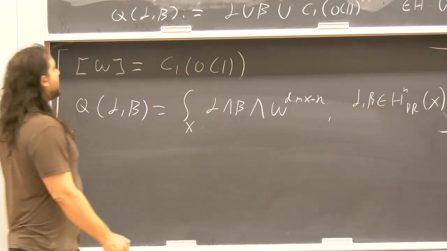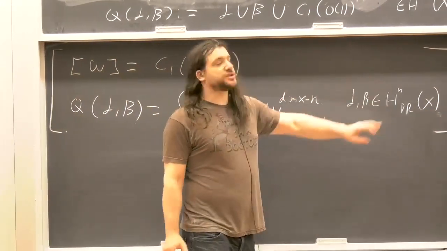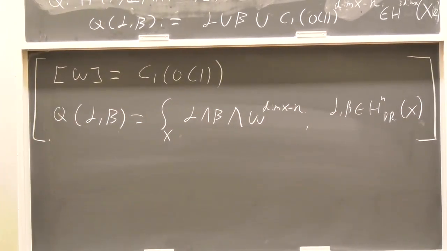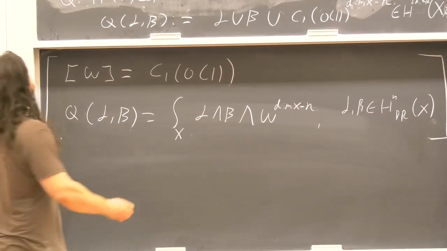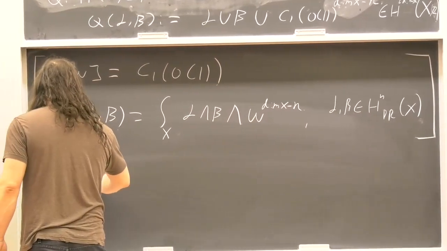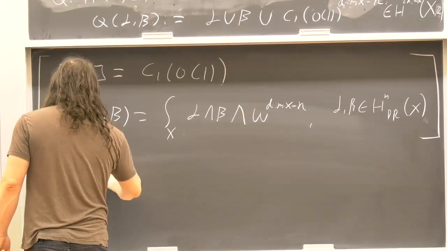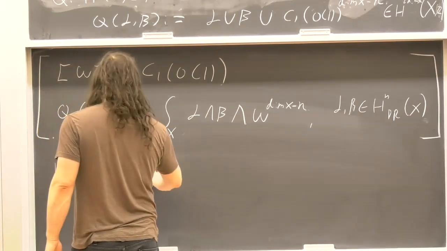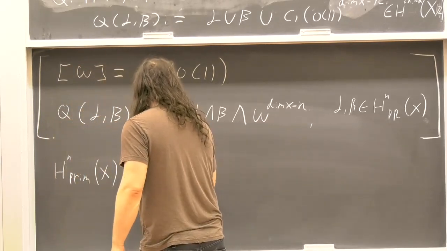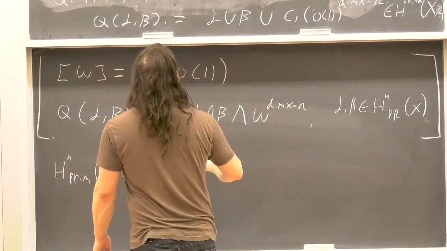Okay, so now, given that we have this definition, what is the primitive part finally? We can finally define the primitive part inductively. So we just define H^n prim of X to be the perp to what it should be defined as.